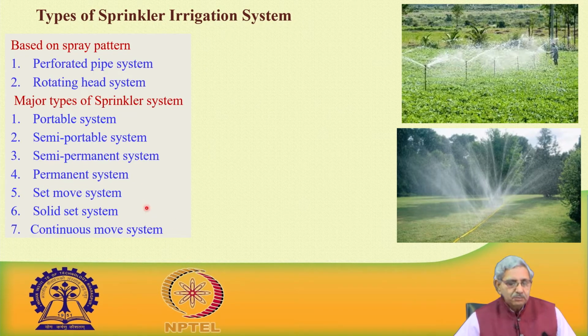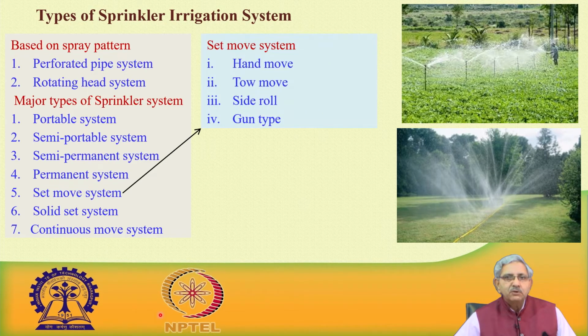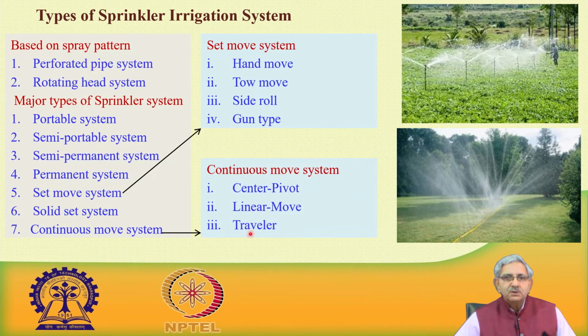These could be portable, semi portable, semi permanent, permanent, set move, solid set, or continuous move. The movement can be made manually, or by a mechanically driven system, or it can be a continuous moving system.